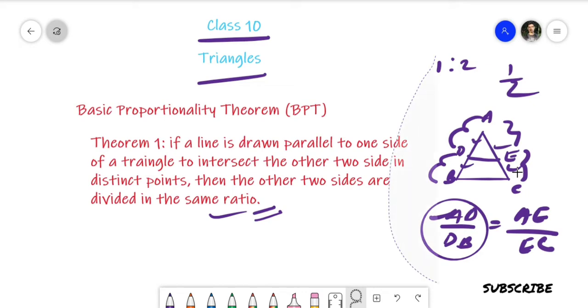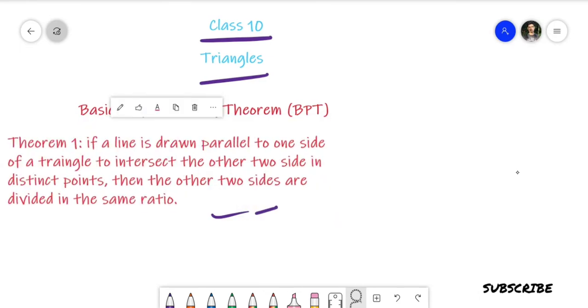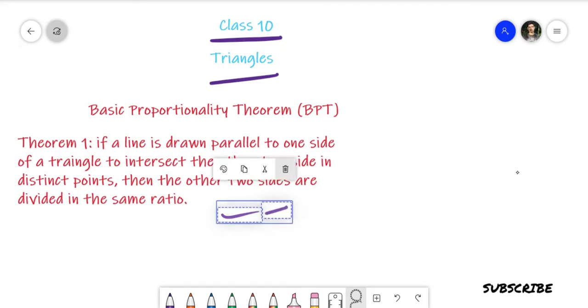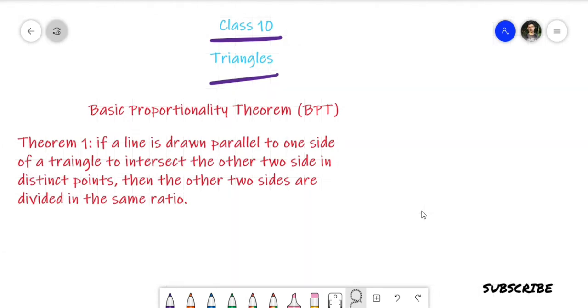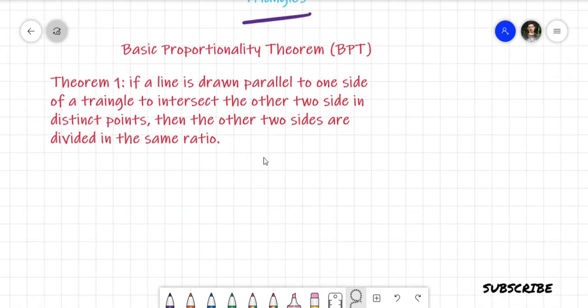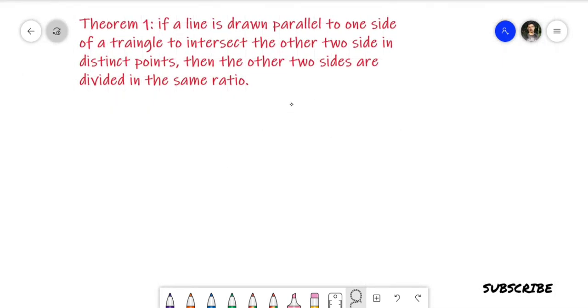Let me write this one. Okay. So let's write from here, given. Theorem 1 is here, and let us write, given, let us suppose a triangle.